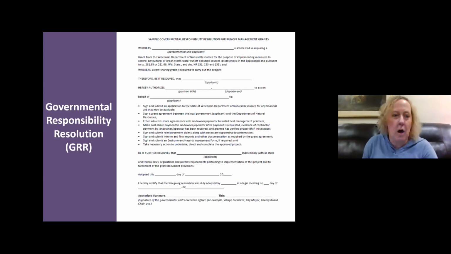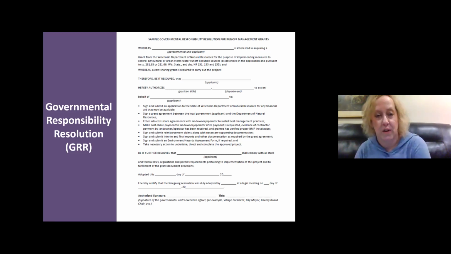So, we've mentioned the authorizing resolution. Just important to keep this up to date. If there's any changes through the implementation of your grant, there may be situations where you need to update your resolution. But in general, we recommend that instead of naming a specific person, that the authorized resolution names a job title, such that if there's staff changes, you don't have to modify the resolution every single time a staff person changes.